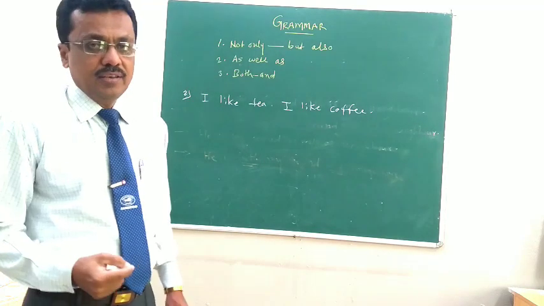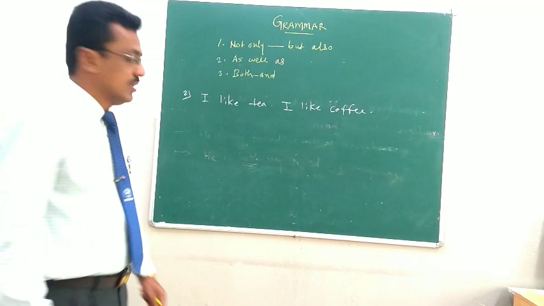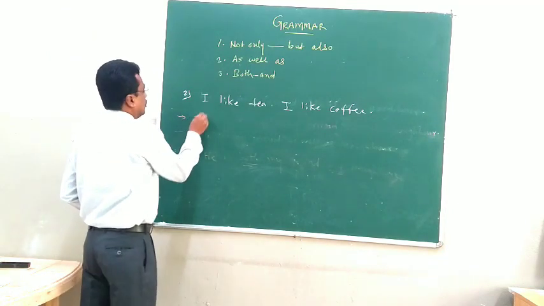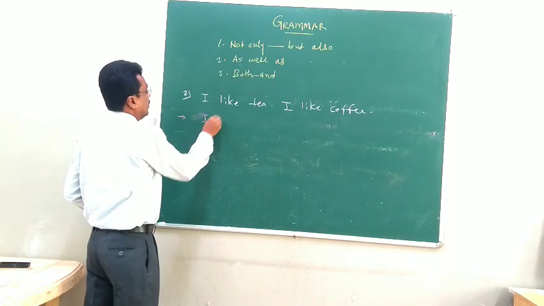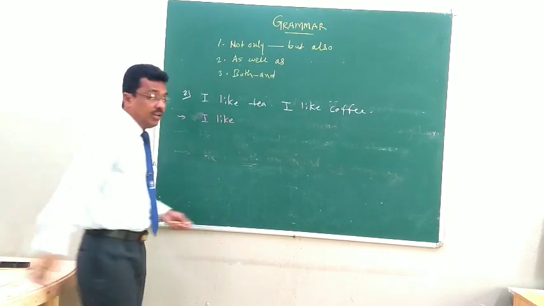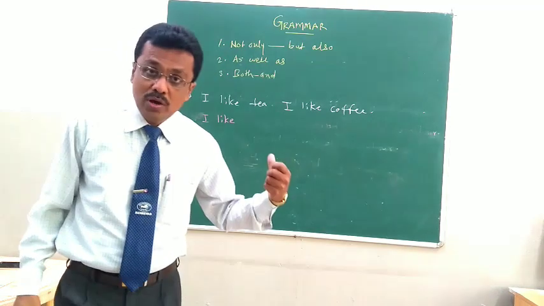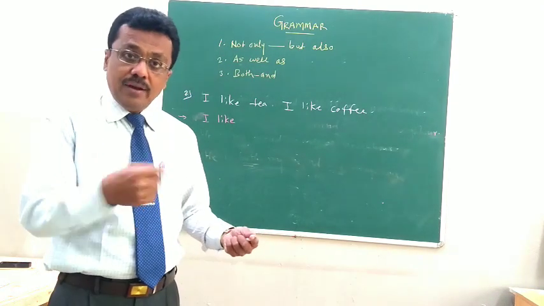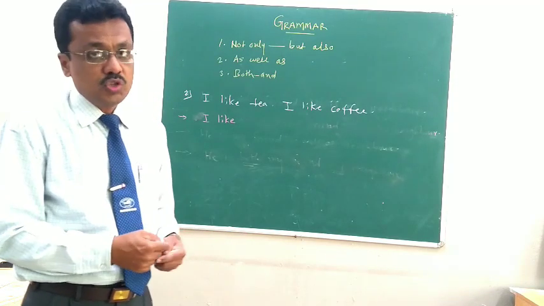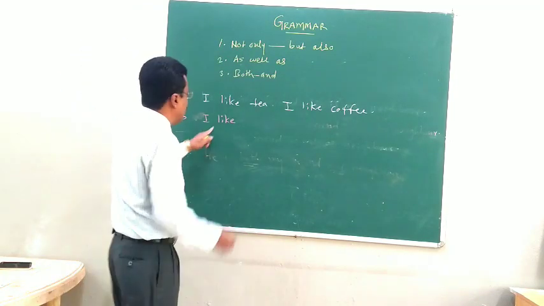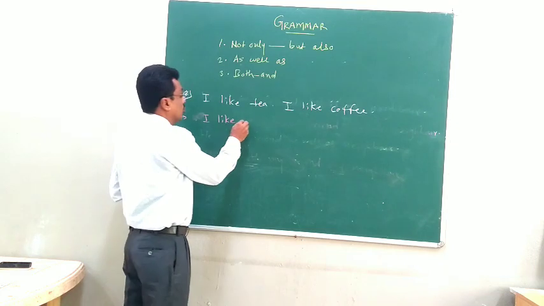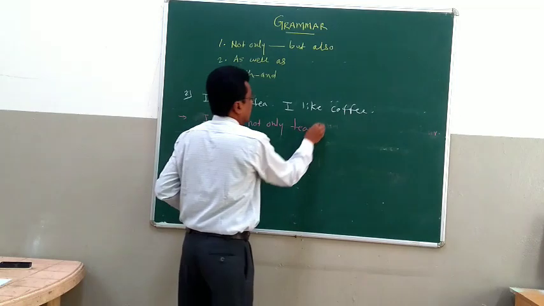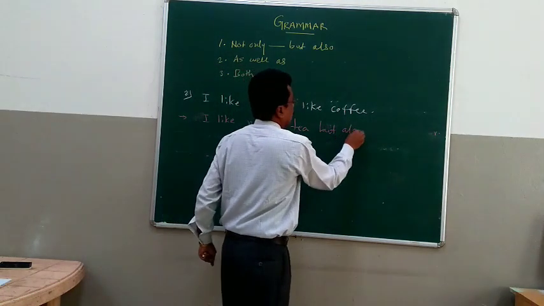I like tea, I like coffee. So first, not only but also. So how do you use it here? I like. After the main verb, like is the main verb, as I told you earlier, after the helping verb or main verb you can use not only. So after the main verb you have to use here not only. I like not only tea but also coffee.